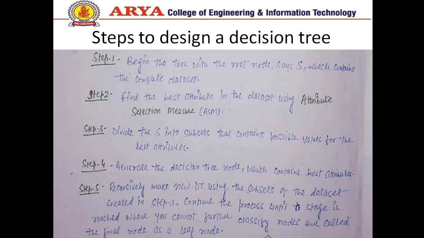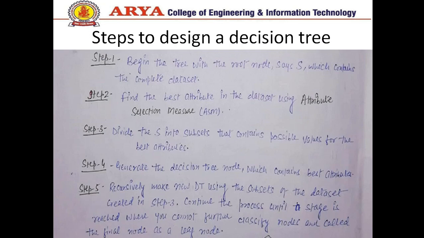These are the steps to design a decision tree. In the first step, we begin the tree with the root node, say S, which contains the complete data set. In the second step, we calculate the attribute selection measure, to find the best attribute in the whole data set.